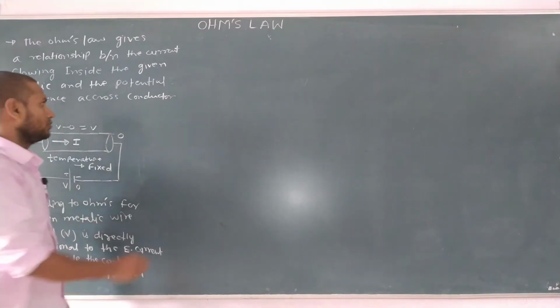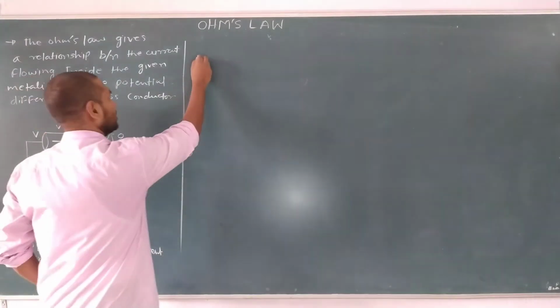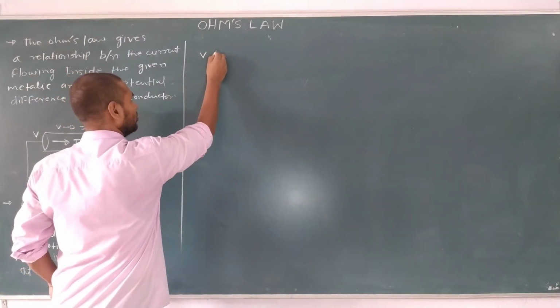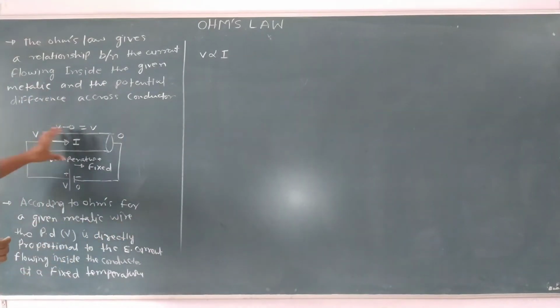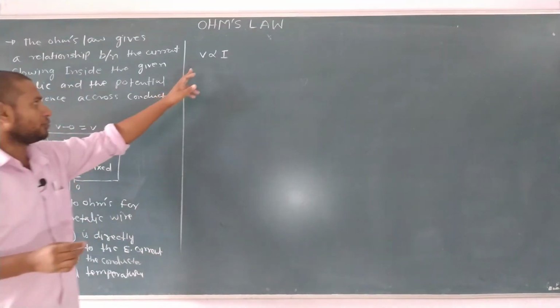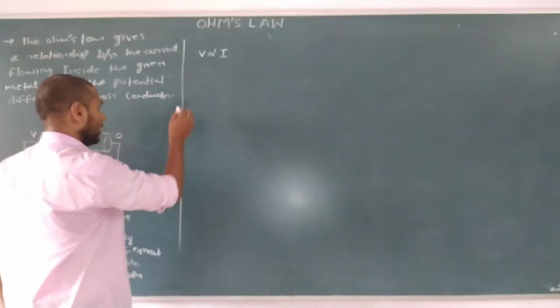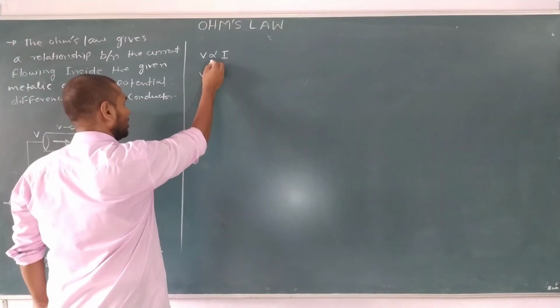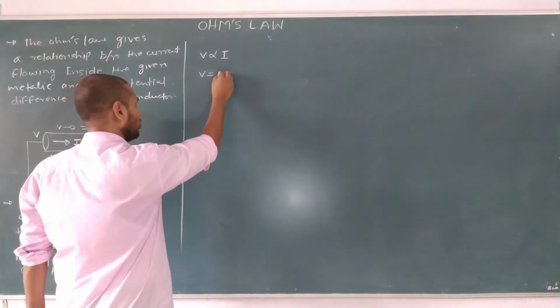So we can write symbolically that the potential difference is directly proportional to the electric current which is flowing inside the conductor. So you can write the potential difference V is directly proportional to the current, and as you replace the proportionality sign by an equal to sign, you get a constant.